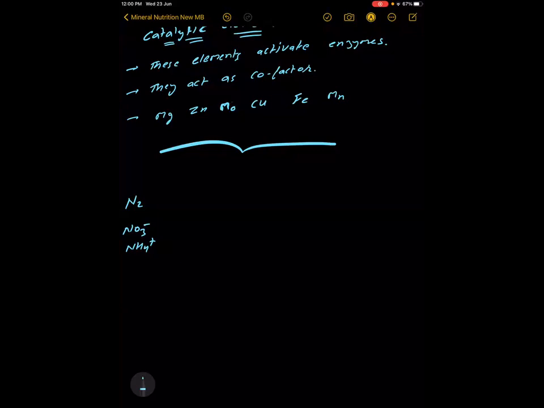So ammonium ion and nitrate ion are the absorbable ions. Nitrogen is absorbed as ammonium ion and nitrate ion.